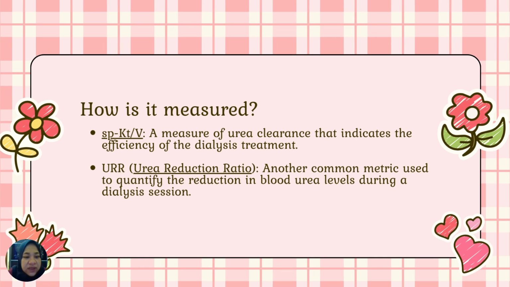So how is it measured? We take the Kt/V, a measure of urea clearance that indicates the efficiency of the dialysis treatment. The URR, urea reduction ratio, is another common metric used to quantify the reduction in blood urea level during a dialysis session.